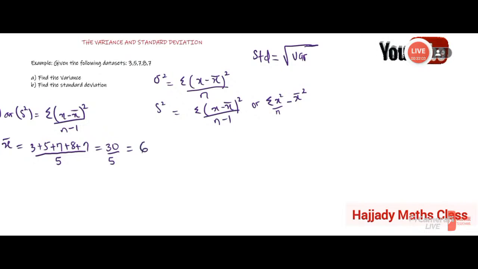So now, making use of the formula here, which is summation of (x minus x bar) squared, our variance will now be equal to each of the observations minus the mean.